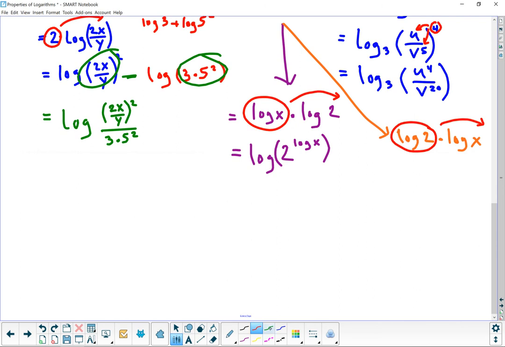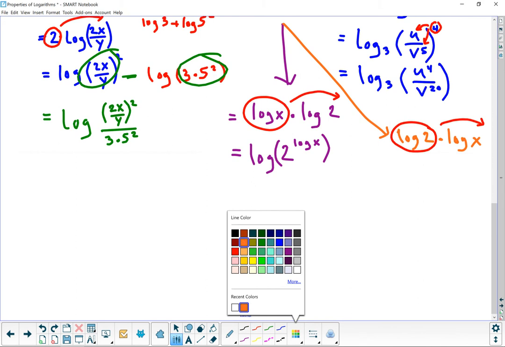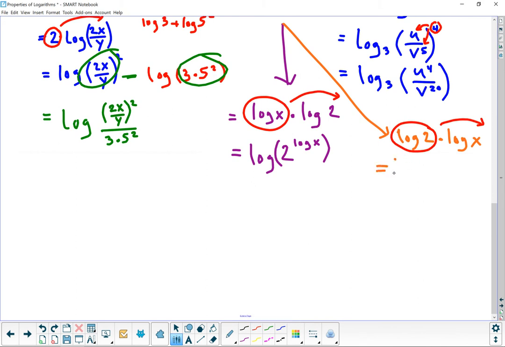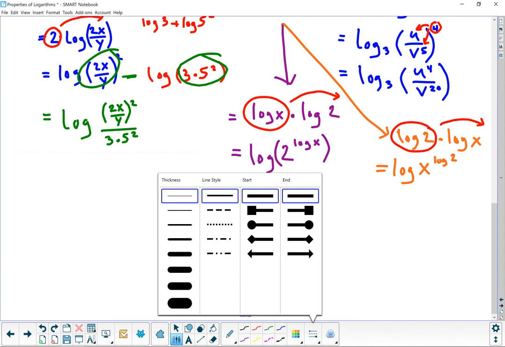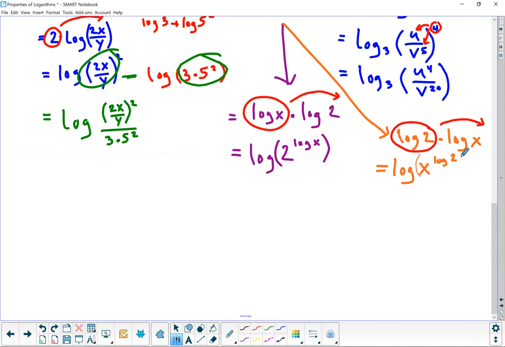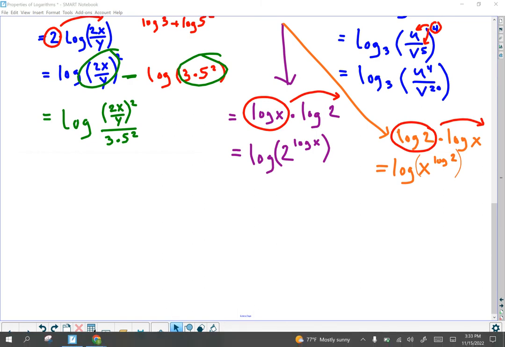So this right here can be rewritten as log x to the power of log 2. I thought that was pretty cool. Either way is fine, and if you want to use parentheses, you can. All right, guys, gals, that's a wrap for today.